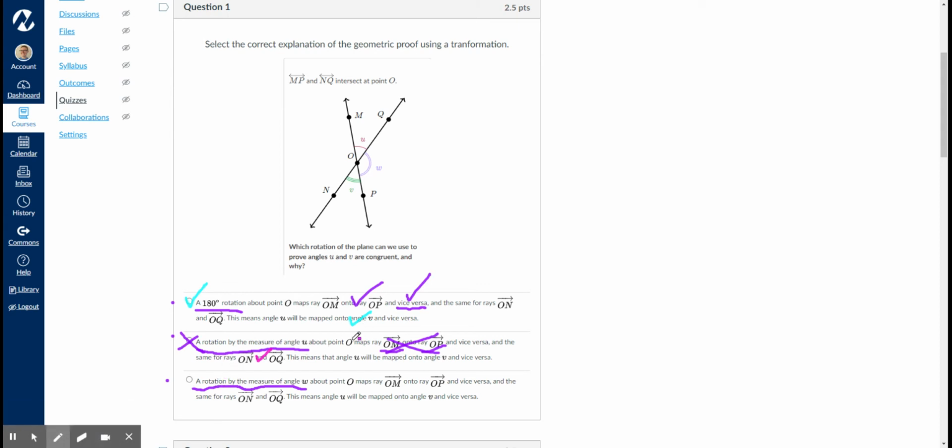So this one says a rotation by the measure of angle W about point O maps ray OM to ray OP. So angle W is this big, so it would map ray OM. Let's see, how big is this?